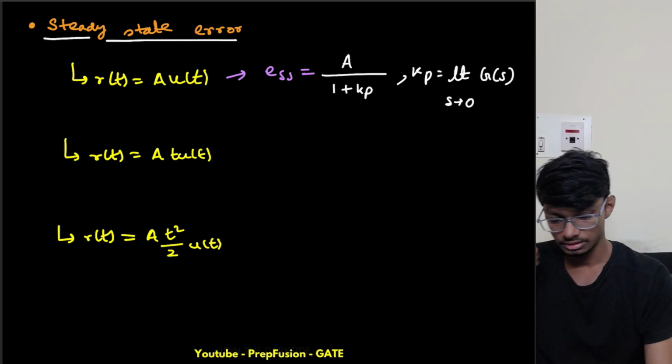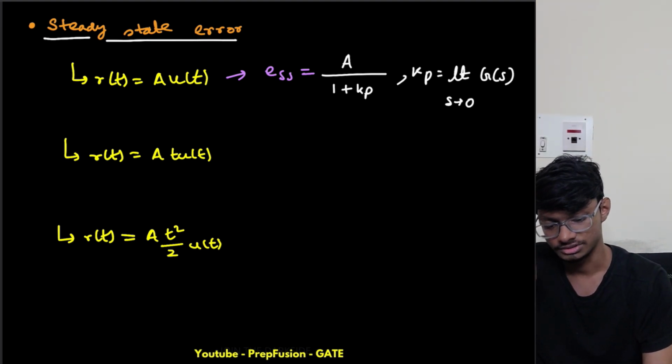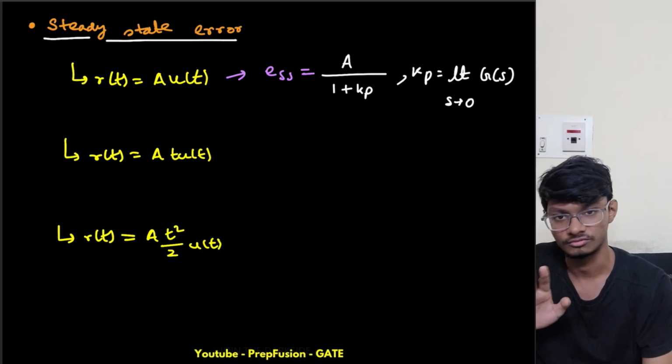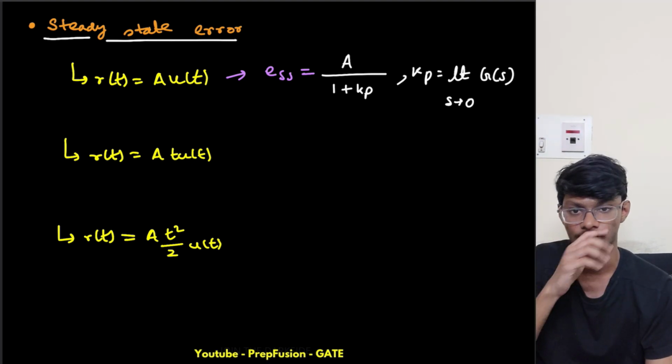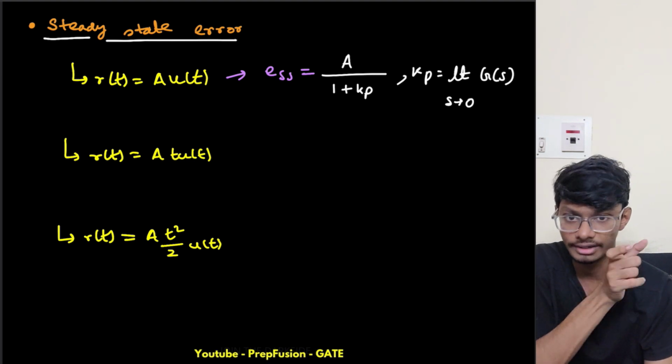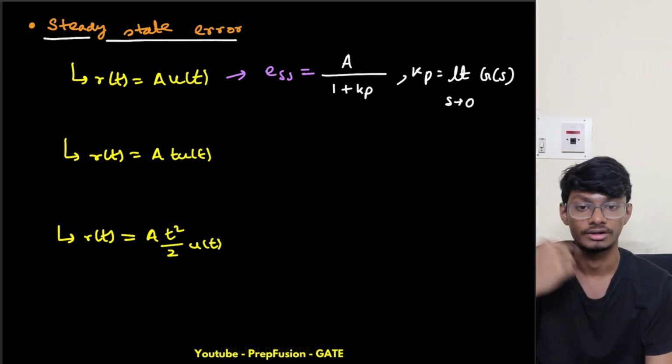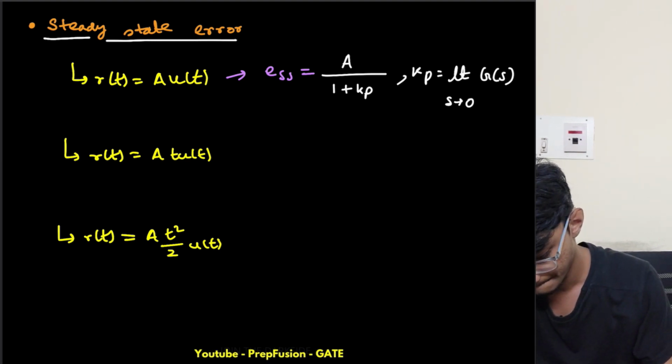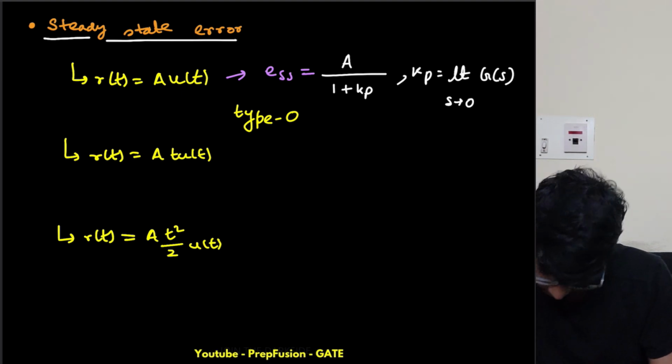This is valid for a type 0 system, because I'm getting a finite error for a step input. And that happens when my system is type 0.